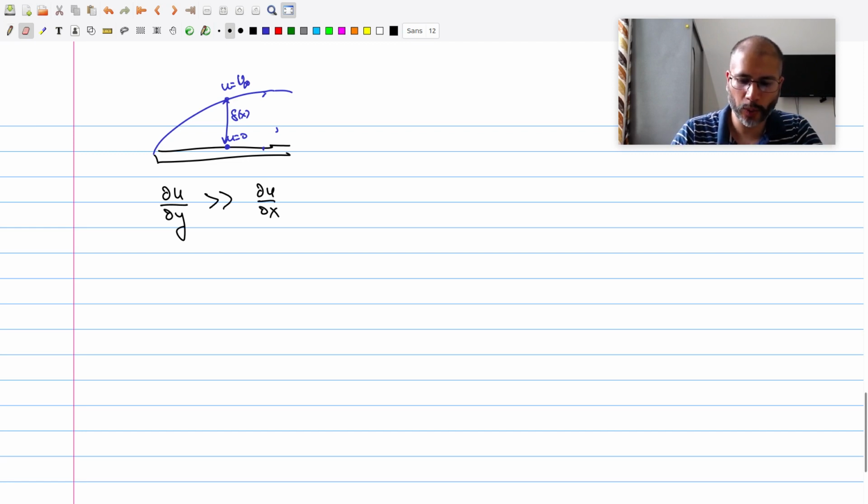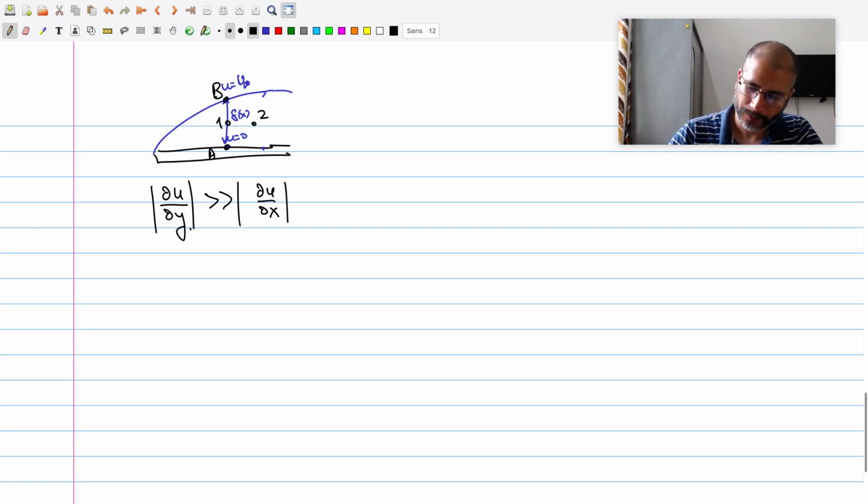The change in u I see, if I go from, let's say, 1 to 2, is going to be much less as compared to the change I will see in going from a to b. Because from a to b I am going from 0 all the way to u infinity, but from 1 to 2 the change will be much smaller. So in this order of magnitude analysis, it's always about the order of magnitude. We won't talk about anything in an absolute sense, but in a comparative sense.